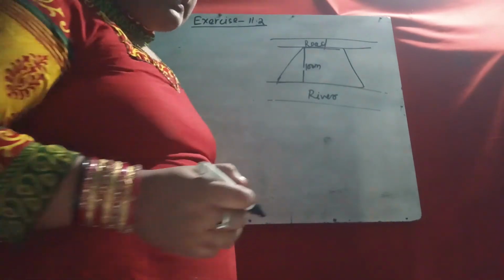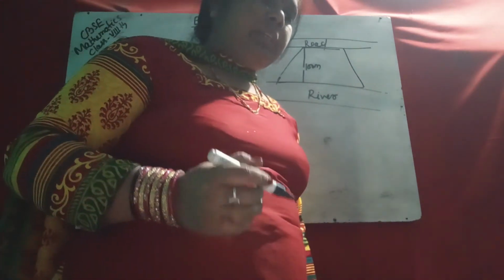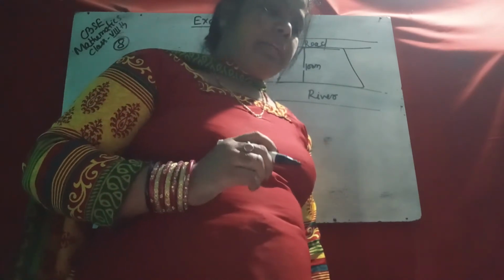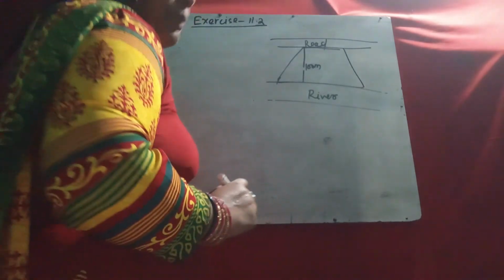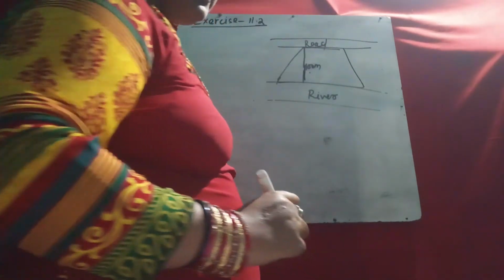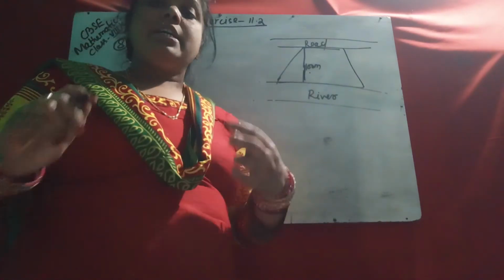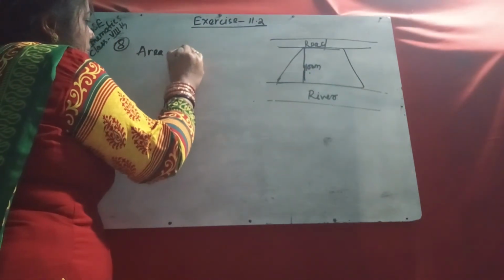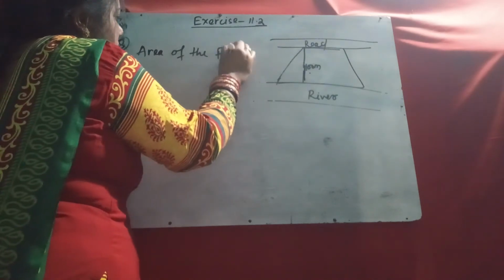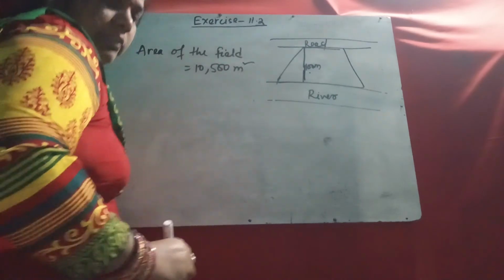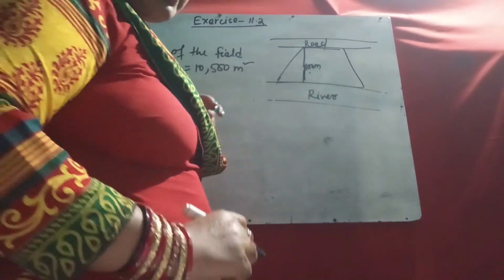Then if the area of the field is 10,500 meter square and the perpendicular distance between the parallel sides is 100 meter, then find the length of the side along the river. So the area of the field, the trapezium, equals 10,500 meter square.